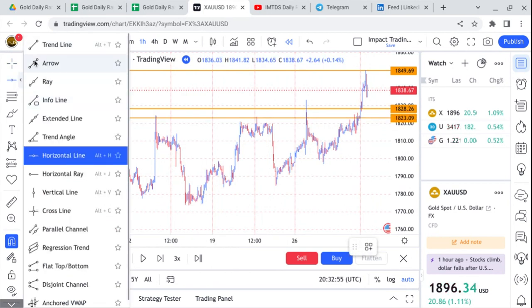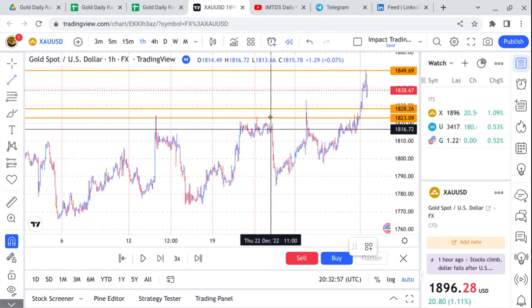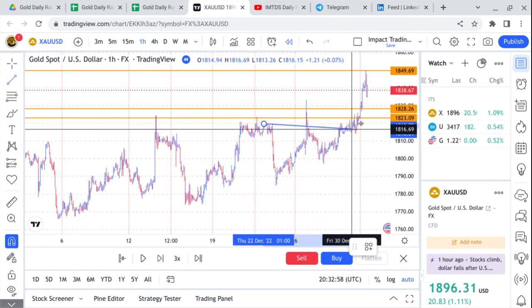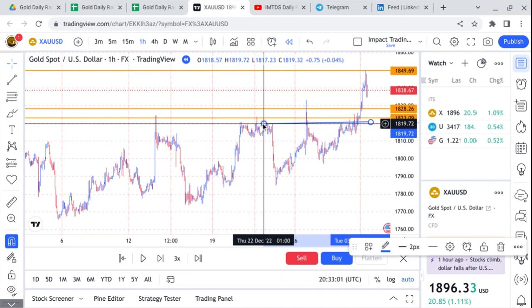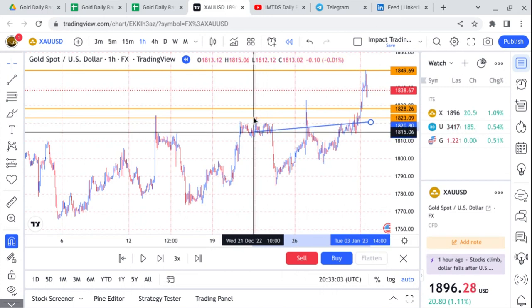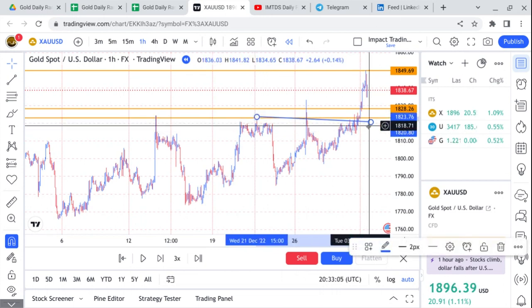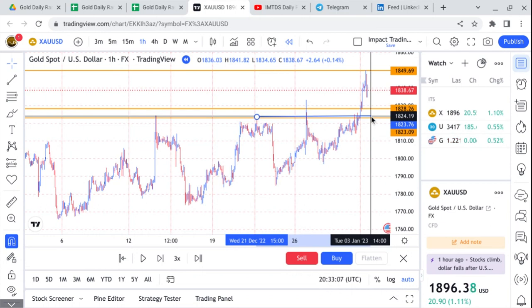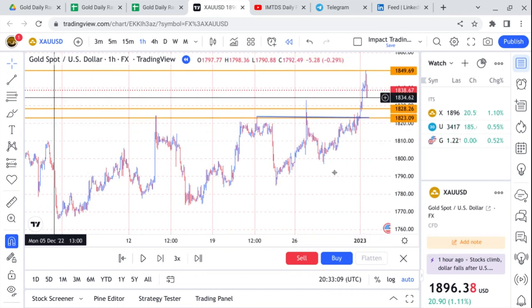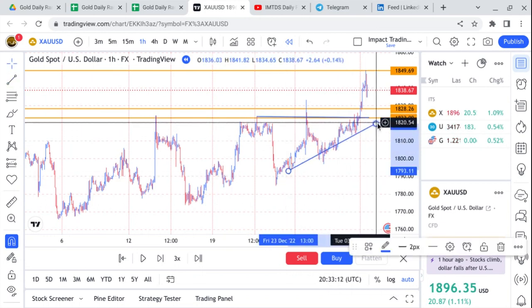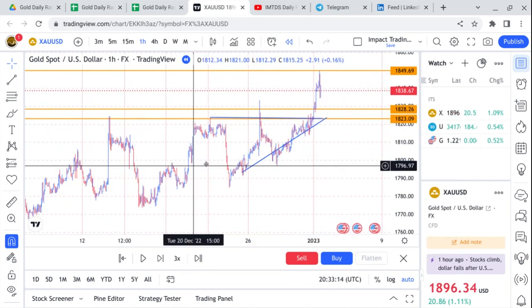And this would be pattern recognition. So we just had a 2,000 pip break of this triangle pattern right here, an ascending triangle.